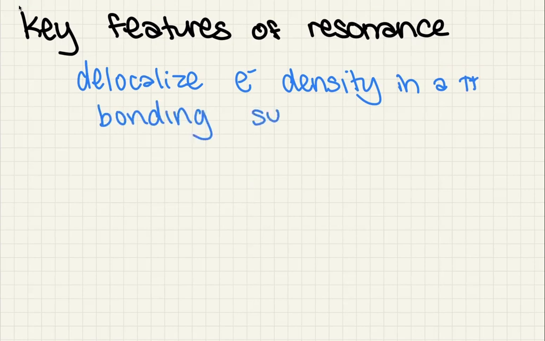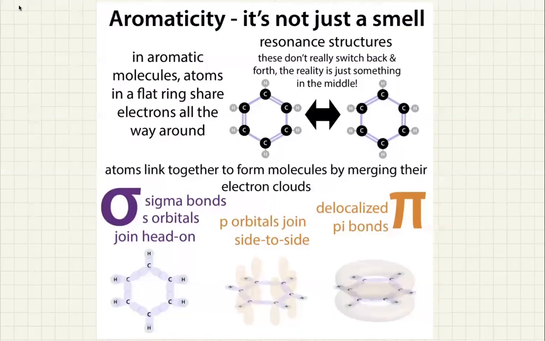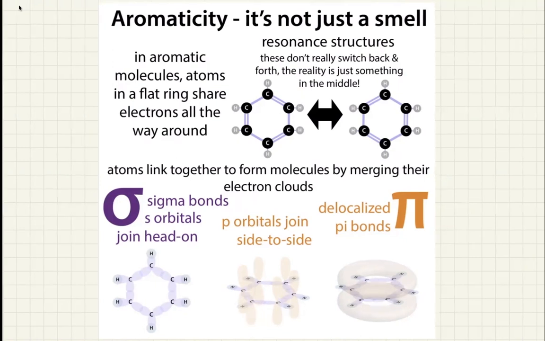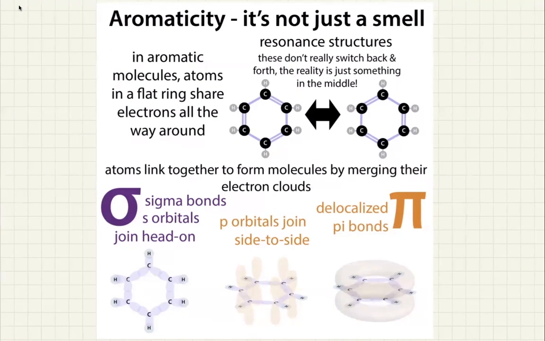Okay. And so this means that we're going to be involving those p orbitals. So if you remember back to general chemistry, those p orbitals, the ones that are like above and below the plane, those hourglassy type things, we're going to have this delocalized electron density.